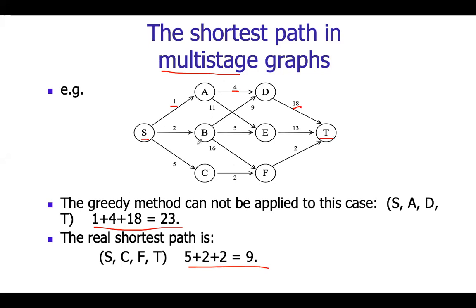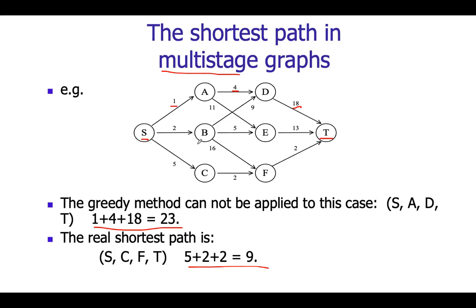Okay, in the exam, there will be a short question about multi-stage graph. Find the shortest distance in a multi-stage graph. Either they will give you the graph and ask you to find the shortest distance, or they'll just give the question, find the shortest path. How will you find the shortest path in a multi-stage graph?